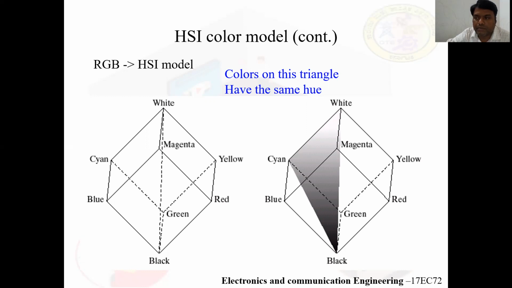By rotating the shaded plane about the vertical intensity axis, we would obtain different hues. From the above discussion, we can conclude that HSI values can be determined from RGB values by working out the geometric values.